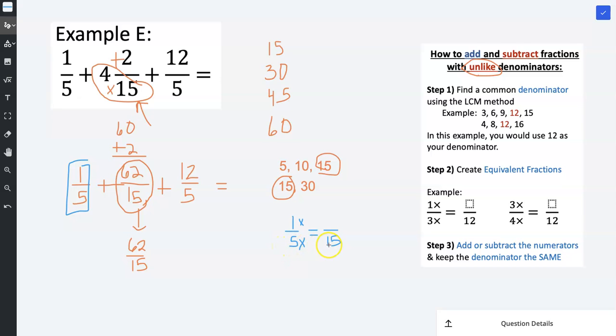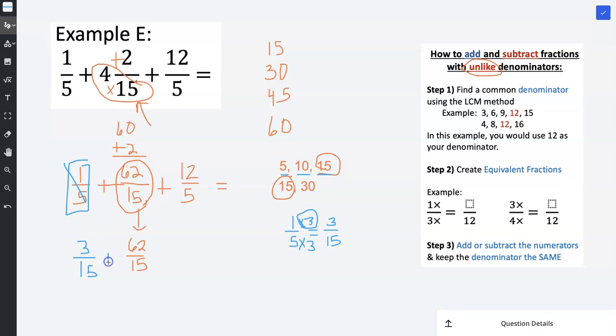Think about it. 5 times what is 15? Well, 5 times 3 is 15. So I need to multiply 5 by 3 to get 15, so that means I need to multiply 1 by 3 as well. You have to multiply them both by the same scale factor. So I get 3/15. So I get rid of 1/5 and I replace with 3/15.